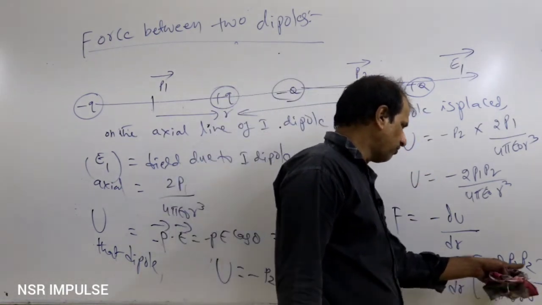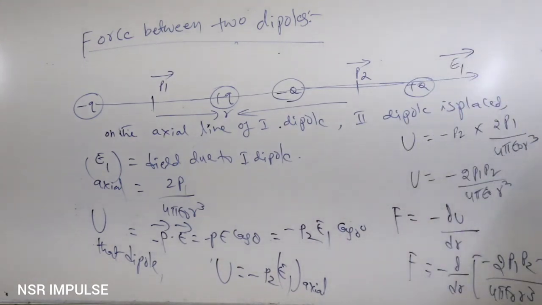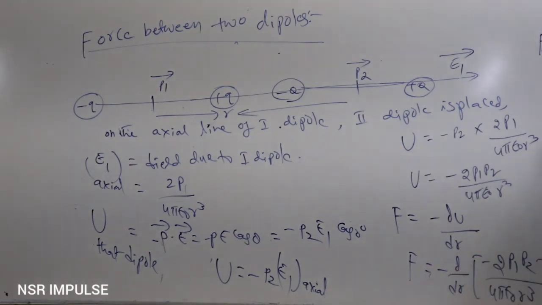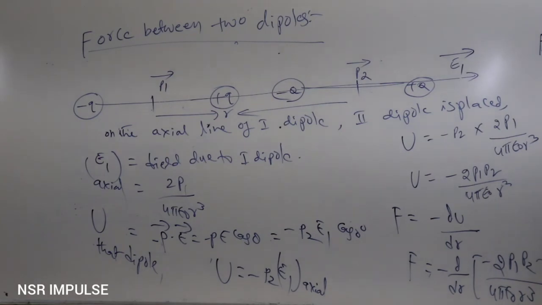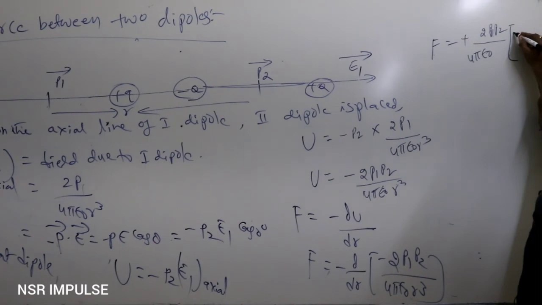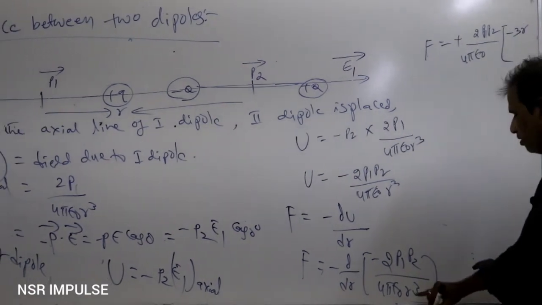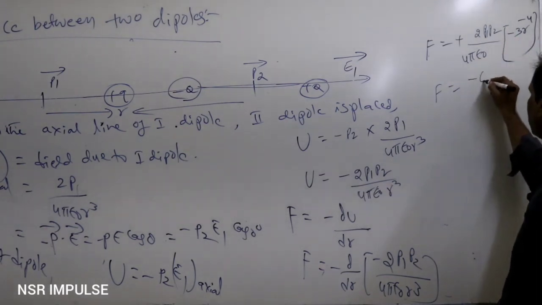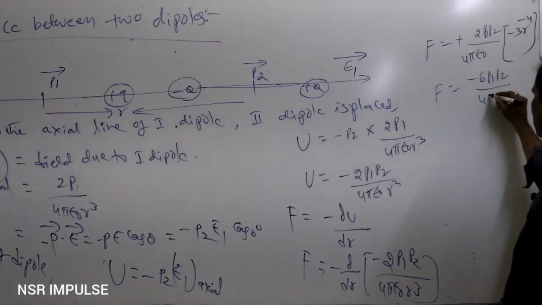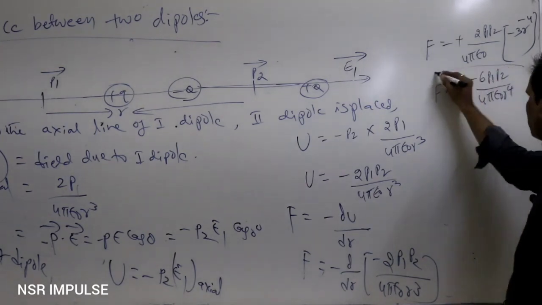Minus into minus is plus, so 2P1 P2 by 4 pi epsilon naught times d by dr of 1 by R cube. That is d by dr of R power minus 3, which becomes minus 3 R power minus 4. So F is equal to minus 6P1 P2 by 4 pi epsilon naught R power 4.